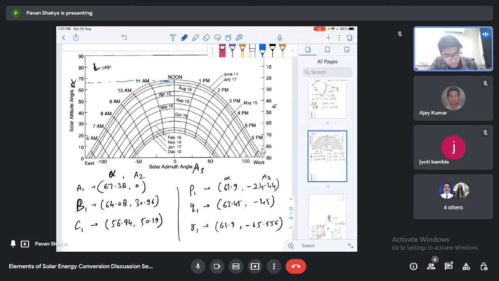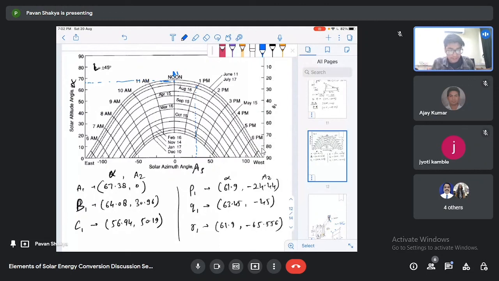Okay, this point will be the A1. Second one is 64.08 and 30.96. So 30.96 will be somewhere here, and the alpha value is 64, that will be above this A1. Okay, so this will come somewhere here.